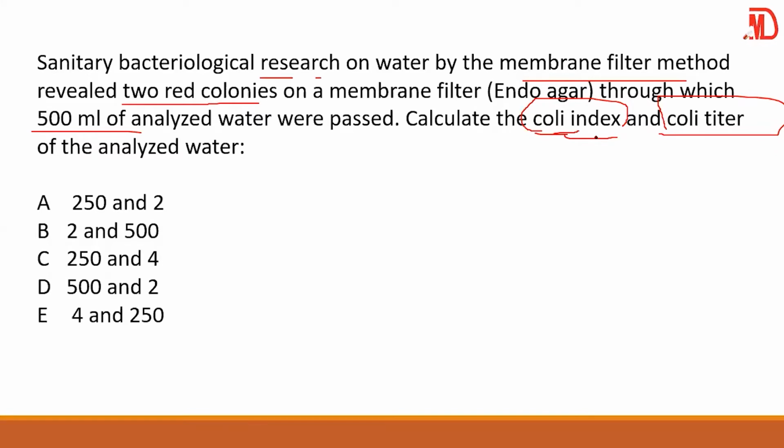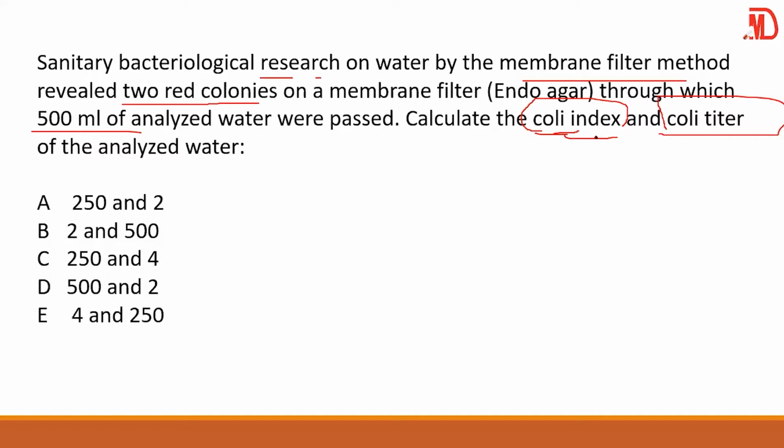First of all, we need to understand what coli index is. Not color, coli index. Color index has to do with hemoglobin. This is coli index, that's E. coli, or coliform index. So what are these two meant for?